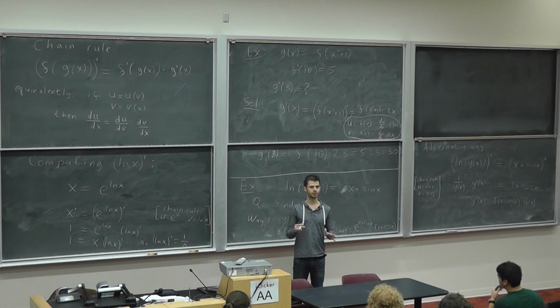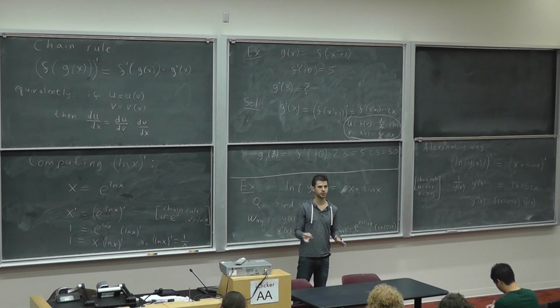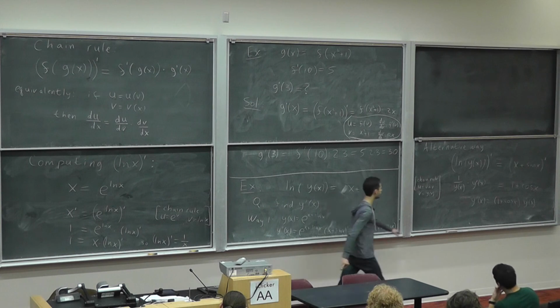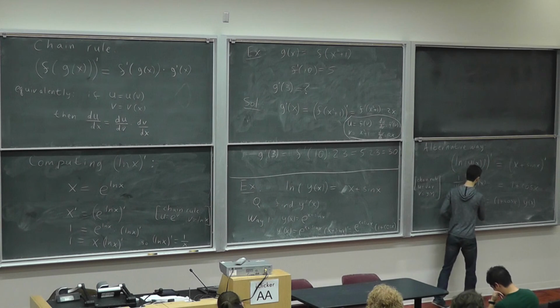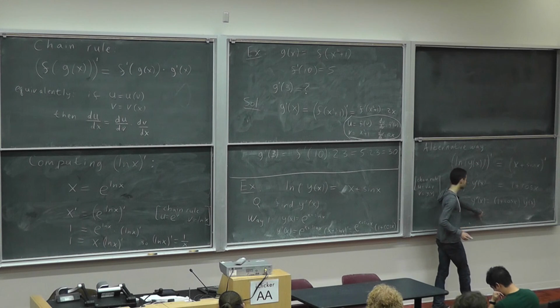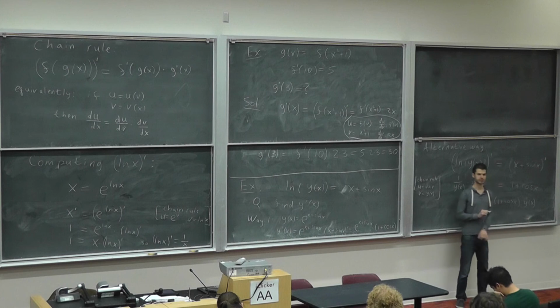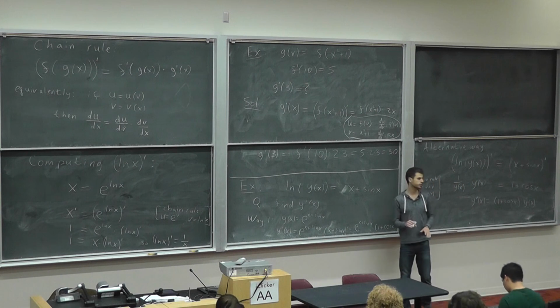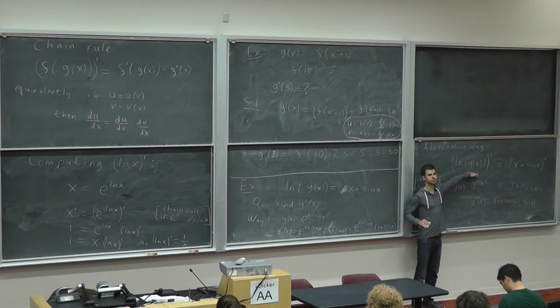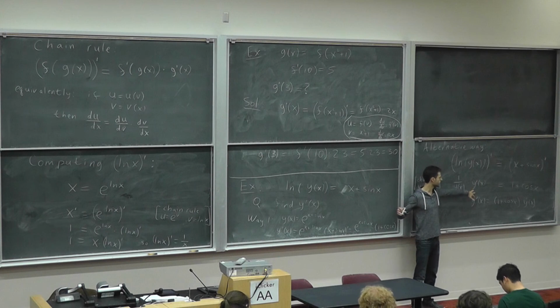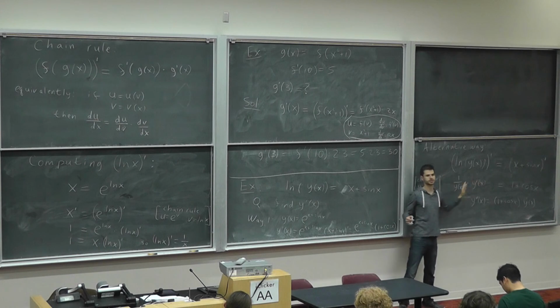So without anywhere writing what y of x is, I'm able to derive the following identity. The derivative y prime of x is 1 plus cosine of x times whatever y is. And the way I got here was take the initial equation, differentiate both sides, and apply the chain rule to find what's the derivative of ln of y of x.